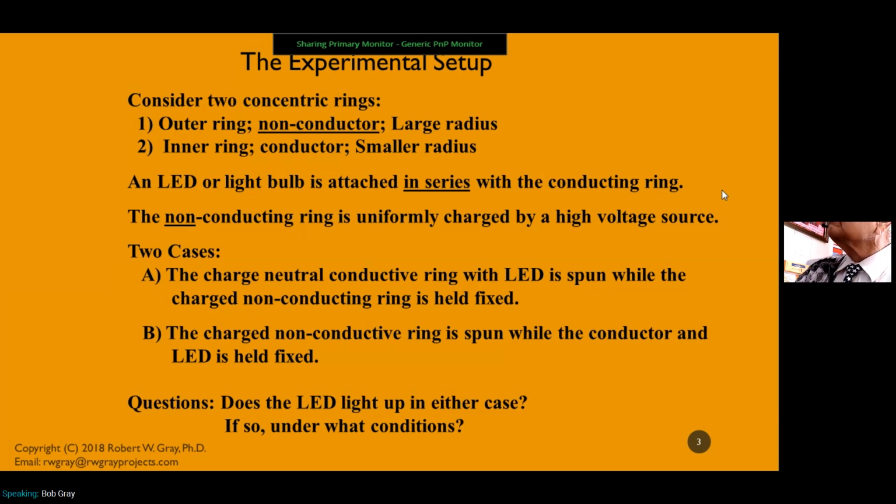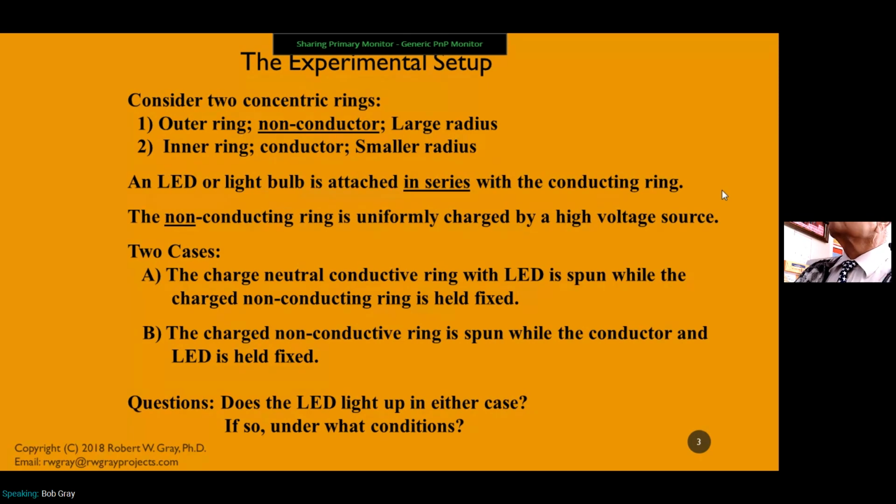Then there's two cases. In case A, the charge neutral conductive ring with the LED is spun up or braked or spun down, while the charged non-conducting ring is held fixed. Or the other case, where the charged non-conductive ring is spun up while the conductor and the LED is held fixed.